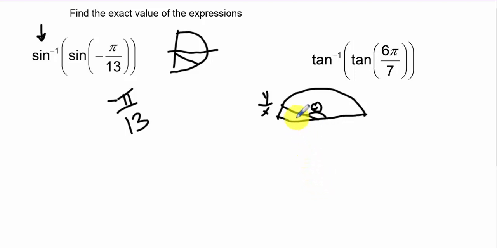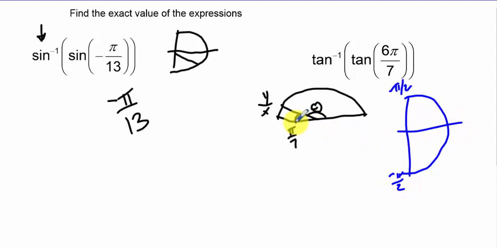Well, I know there's a reference angle right here of pi over 7. And the problem is I can't state that your answer is 6 pi over 7 because I have this implied inverse tangent. I can only get answers from this part of the circle, which goes from pi over 2 to negative pi over 2.